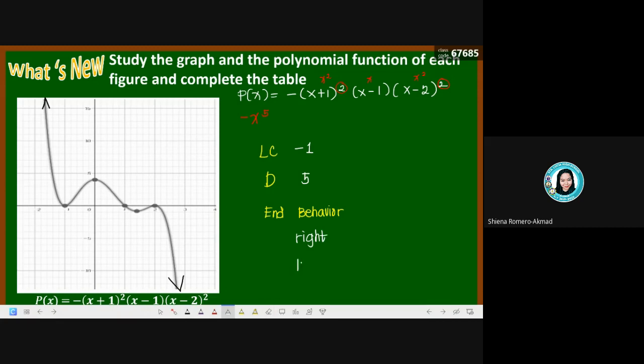Sige, okay lang yan. So, the left rises and the right falls. Yan ay nangyayari kapag ang LC mo ay negative at ang degree ay odd. Okay? Next.